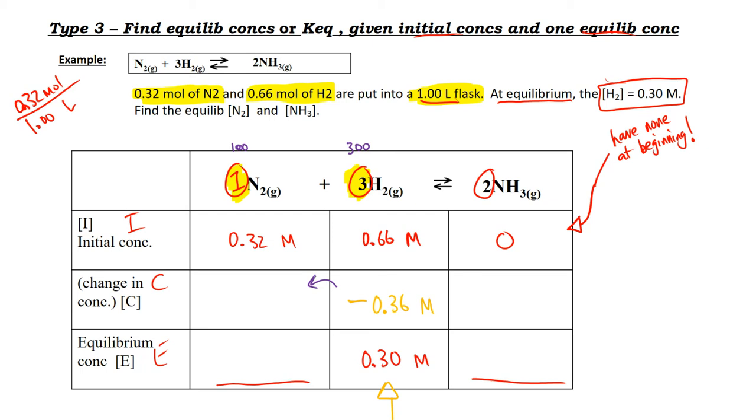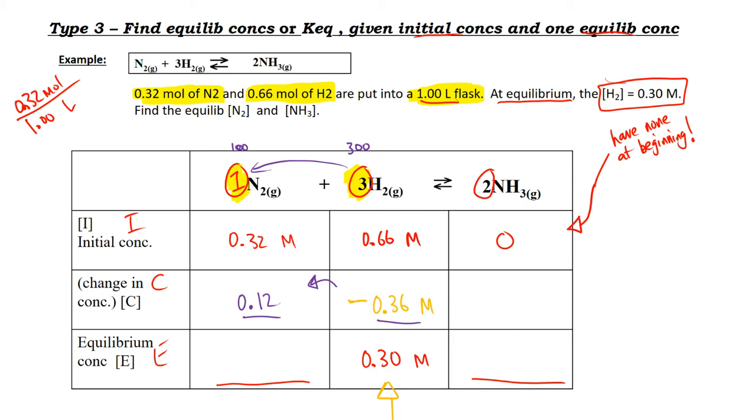So let's think backwards here. This is 0.36, which means this is 0.12. Going from a ratio of 3 to 1, I'm going to divide by 3. So 0.36 divided by 3 is 0.12. So these two values now obey that ratio in the coefficients of the balanced equation.